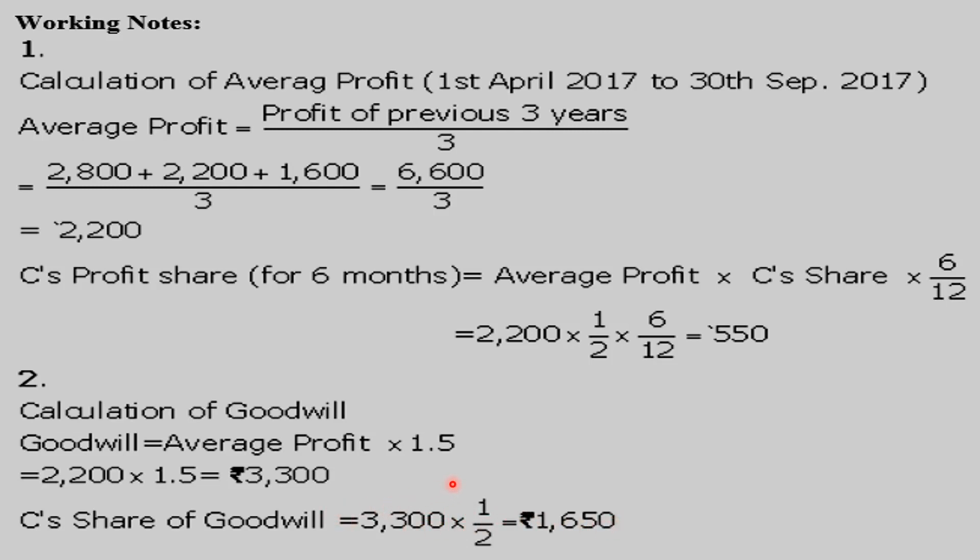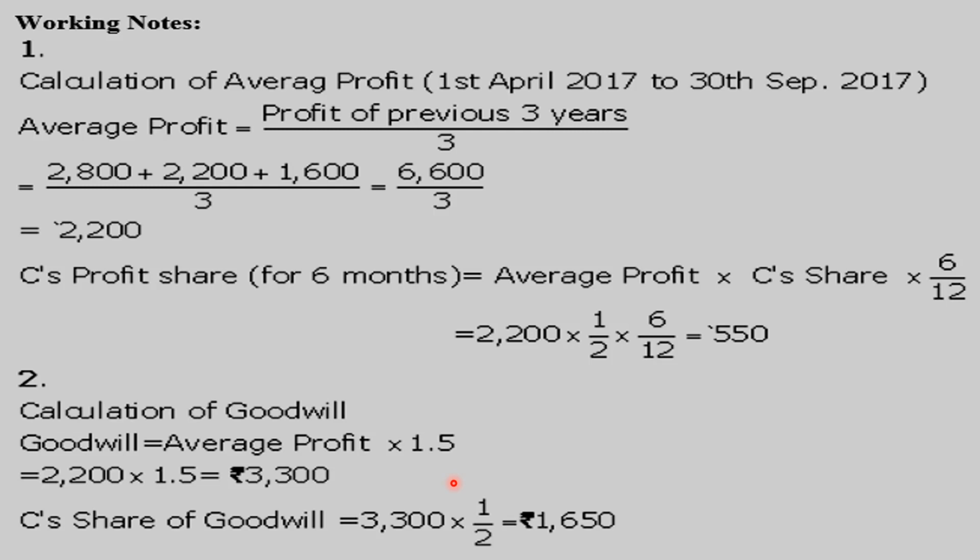Regarding the goodwill, we know the treatment here. Only two partners are there. Among the two partners, one is going to retire, so the remaining partner has to gain the retiring partner's share. So ultimately D, the gaining partner, has to gain the entire amount, and this is like capital account debit to C's capital.